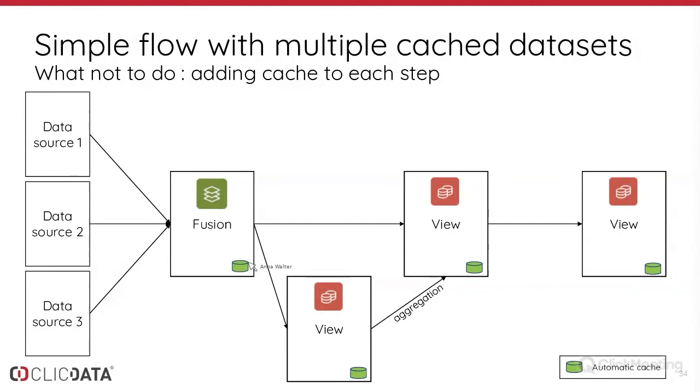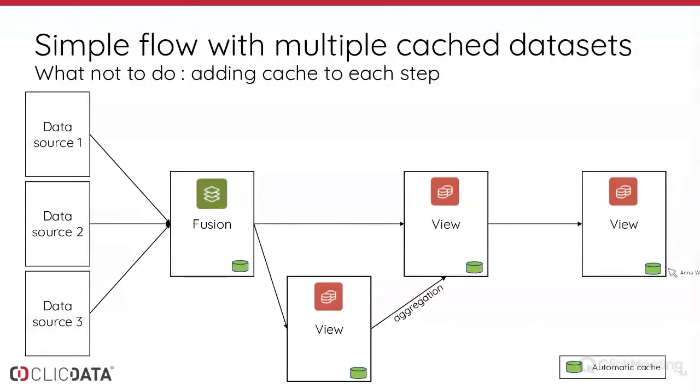That little icon here shows that there is a cache, an automatic cache. This is then used in a view where some transformations were made. And it's also flowing into another view, which actually aggregates back from that secondary view here. And then this last view also goes into an extra view, which is then used in a dashboard.